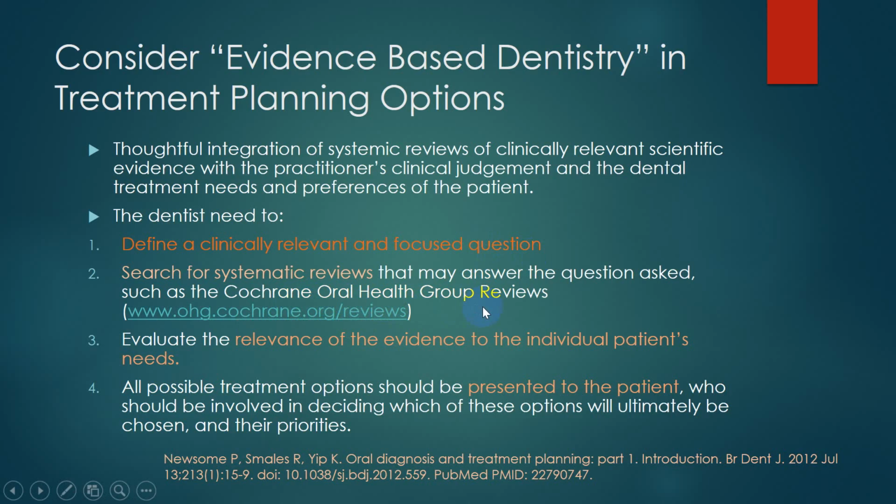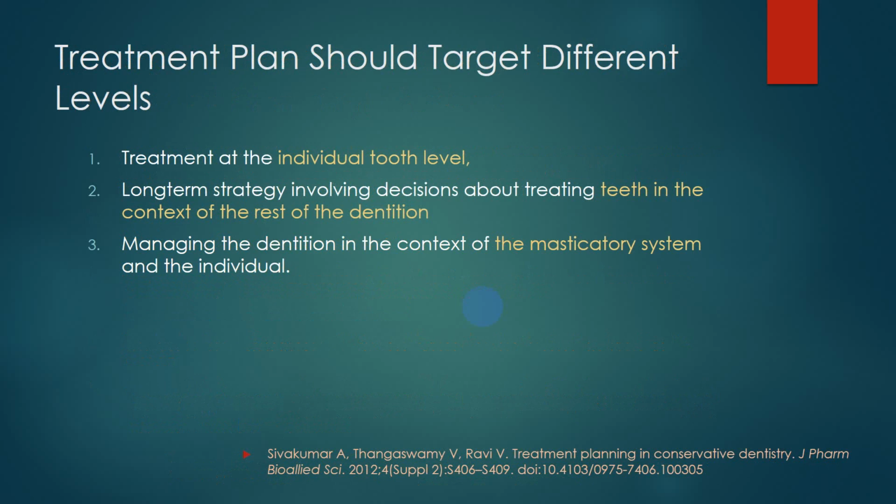They give you systematic reviews that collect all the published papers related to this topic, so you yourself can decide what is the correct or most updated treatment option for that tooth. As we said, treatment at the individual tooth level is not the ultimate treatment plan.